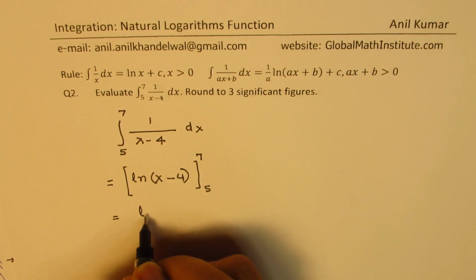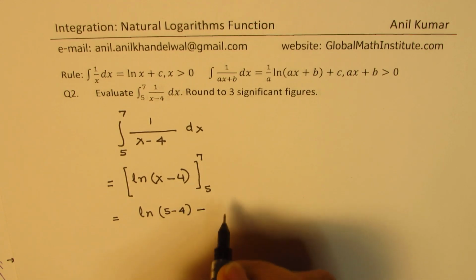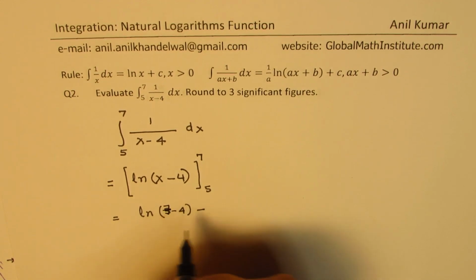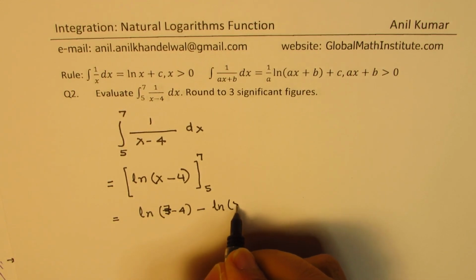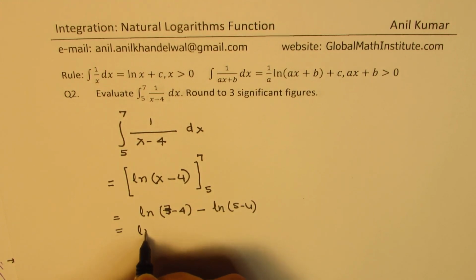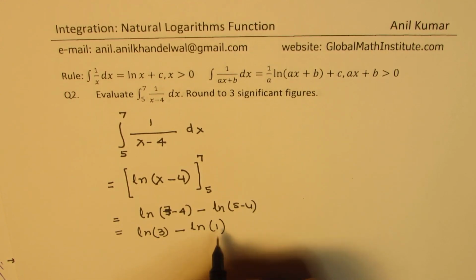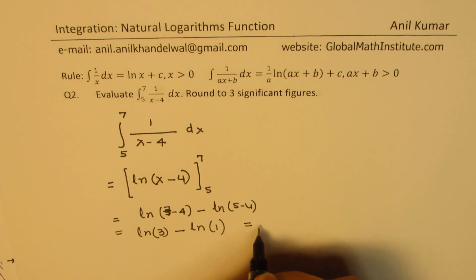So that is ln |7 minus 4| minus ln |5 minus 4|, right? So that is equal to ln 3 minus ln 1. Now ln 1 is 0, so the exact value is ln 3.